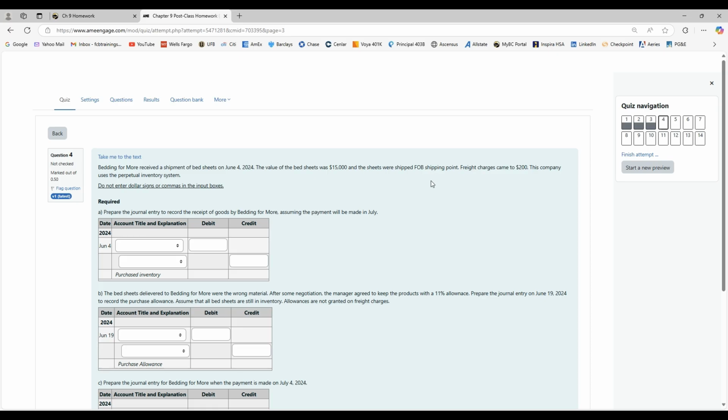So if we're doing shipping point, then it's going to be owned by the purchaser at the point at which the goods are shipped, as opposed to being owned by the purchaser at the point at which it's received at the Bedding for More loading dock, for example, in this instance. Okay, so something to just keep in mind when ownership of the inventory transfers.